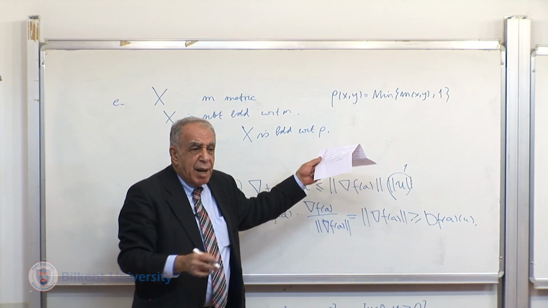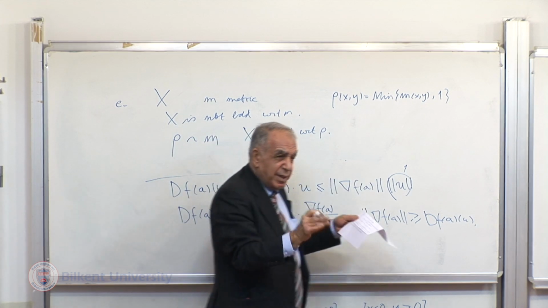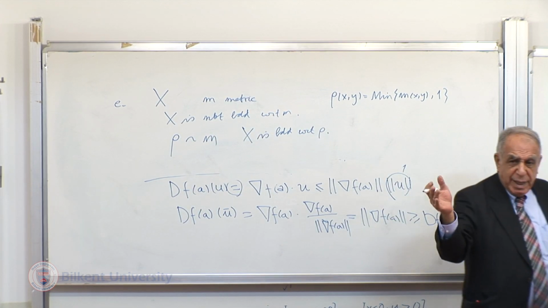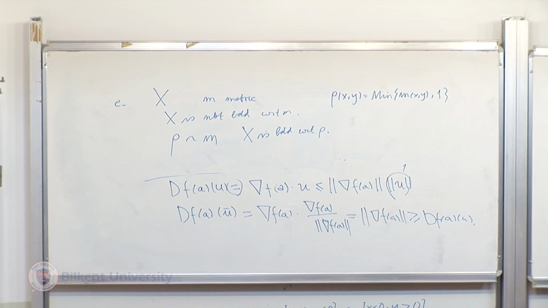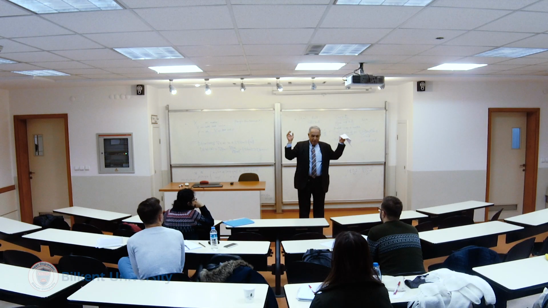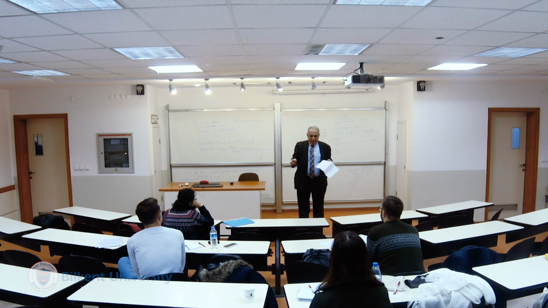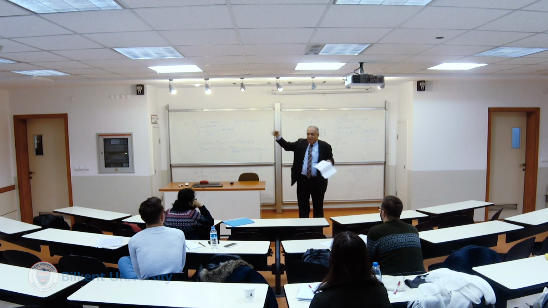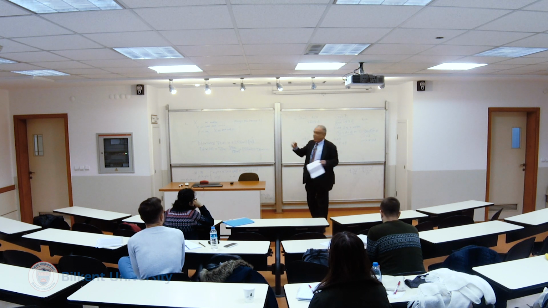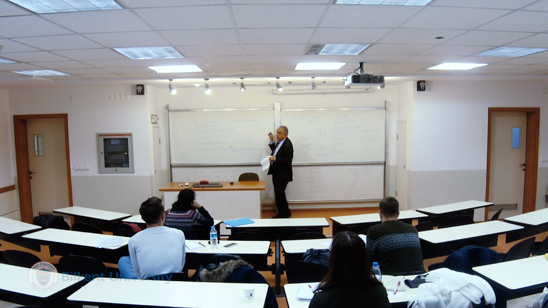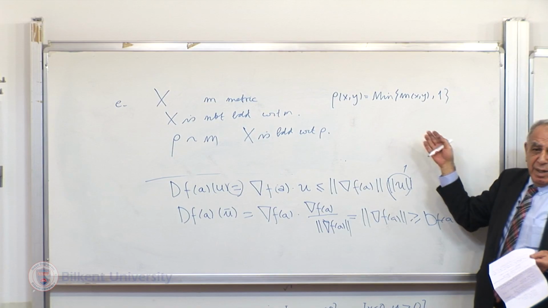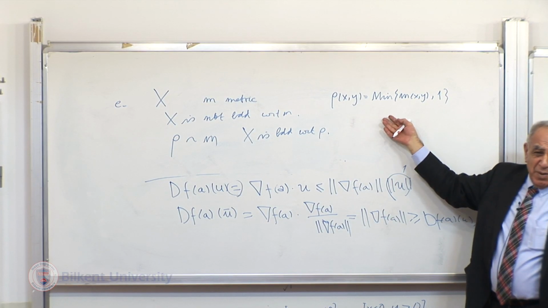We had this example in the case of the usual metric in R and so on. If you take all your epsilons less than 1 in a metric space, then M and rho coincide for those, though not for large epsilon.